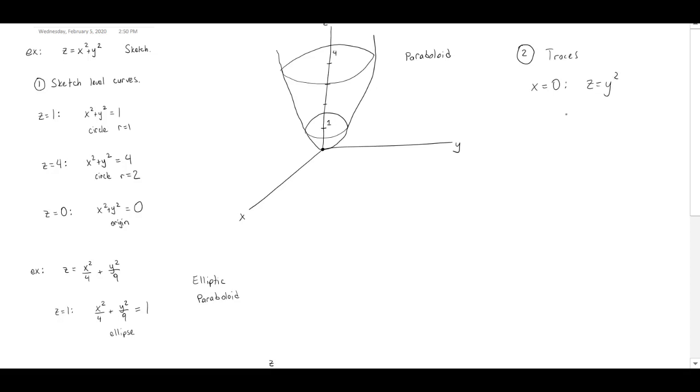So this shows us that in the yz plane, we're going to have sort of the profile of not an absolute value, but a parabola, z equals y squared. Okay. And so that's how you can see that the profile is going to be more parabolic in shape as opposed to more of a V shape, like from a cone. Okay?